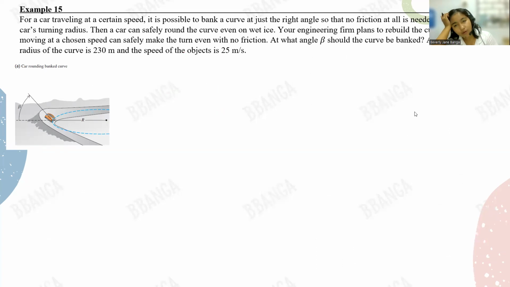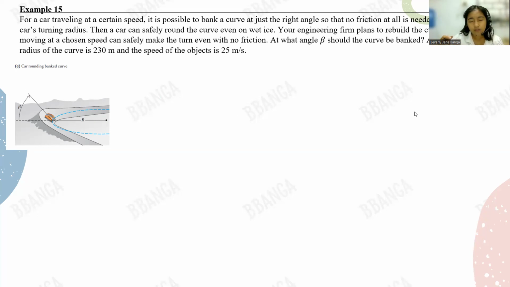Your engineering firm plans to rebuild the curve so that a car that is moving at a chosen speed can safely make the turn even with no friction. At what angle beta should the curve be banked? Assume that the radius of the curvature is 230 and the speed of the object is 250 meter per second.